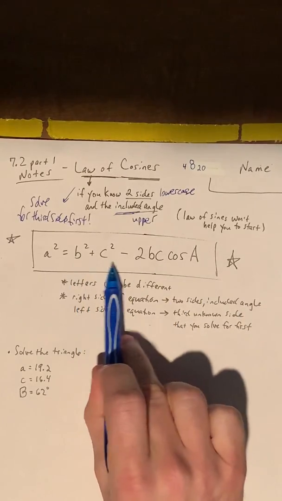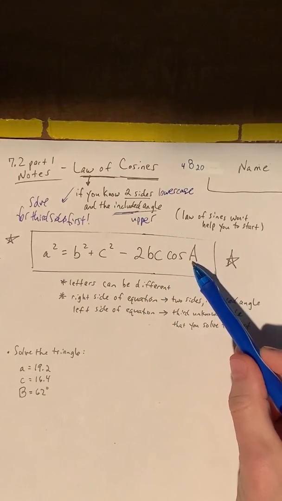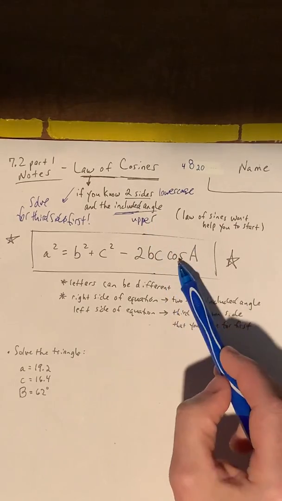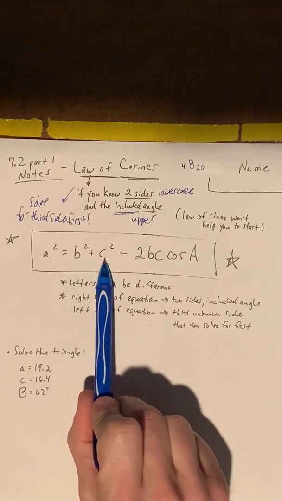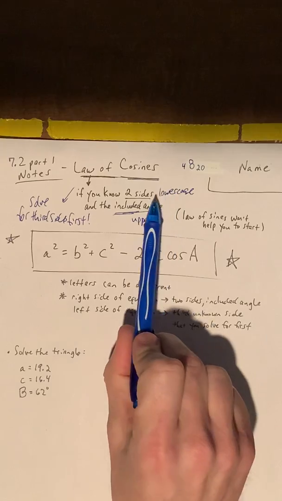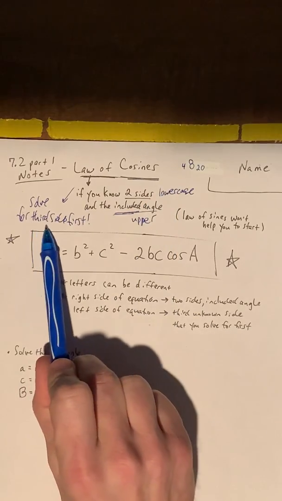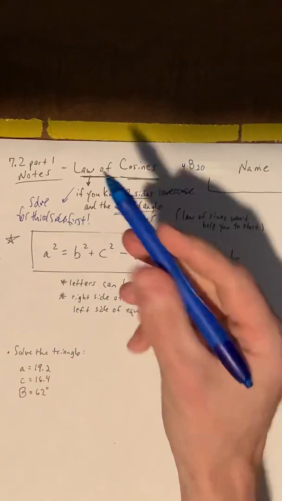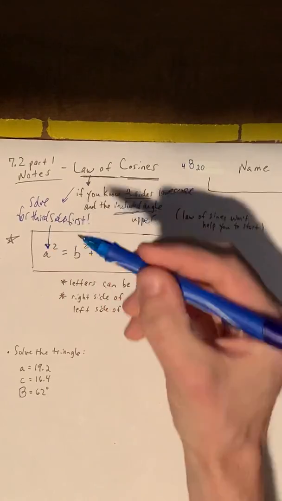So in this equation, A is the included angle, and B and C are the 2 included sides. This 3rd side that we're solving for first is A.